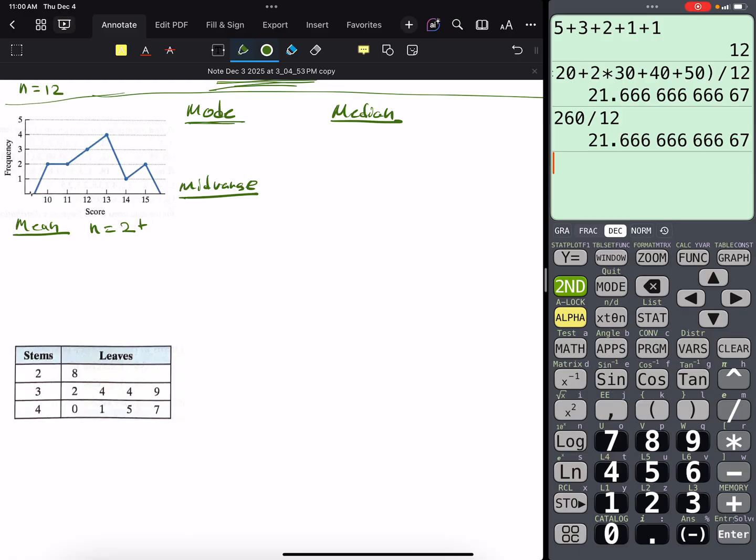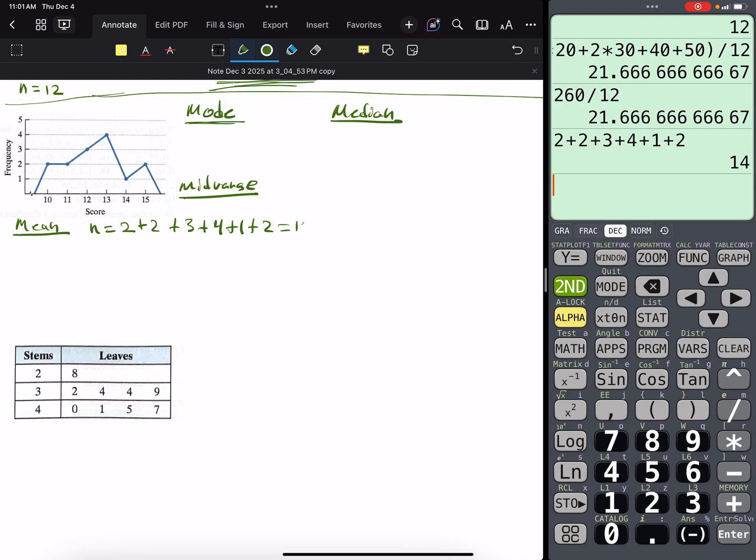I have 2 of my 11s, and so there'll be 2 11s plus 3 12s plus 4 13s plus 1 14 plus 2 15s. And so my n is going to equal what? 2 plus 2 plus 3 plus 4 plus 1 plus 2. Gives me 14 data values. This is another even one, which means that my median is going to be a little bit more complicated, again, because I'm going to have to do the average of the central 2 values rather than just find the center value like you can in an odd number of data points sample.